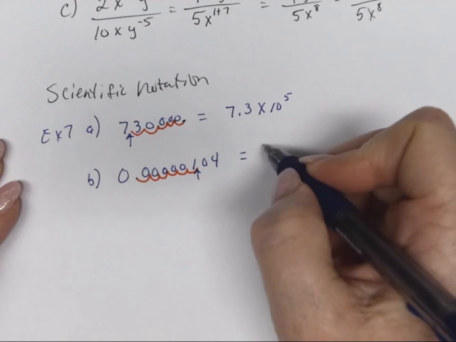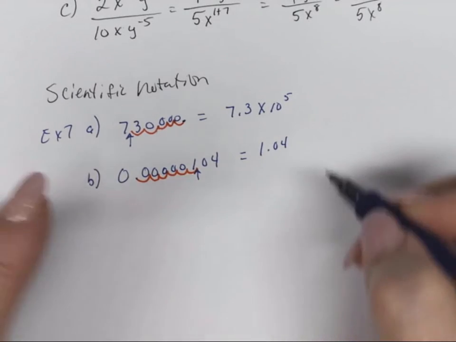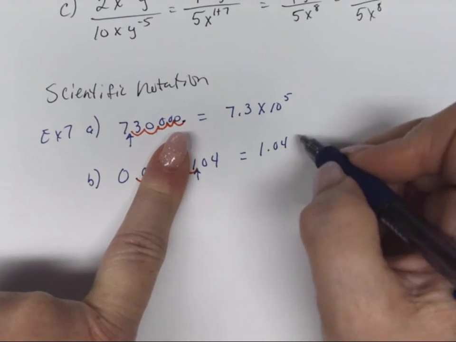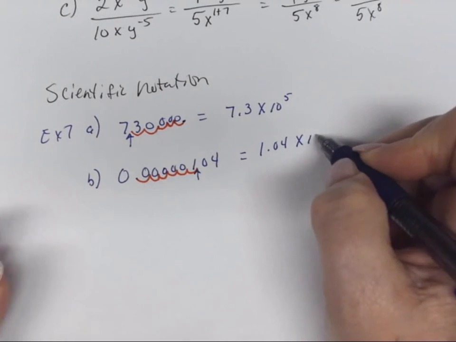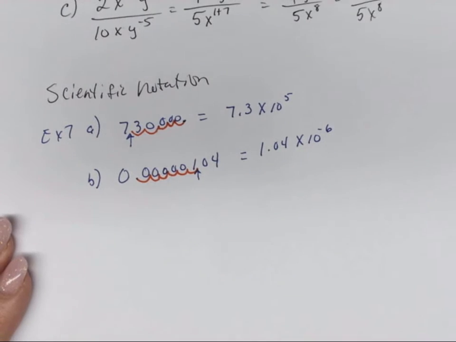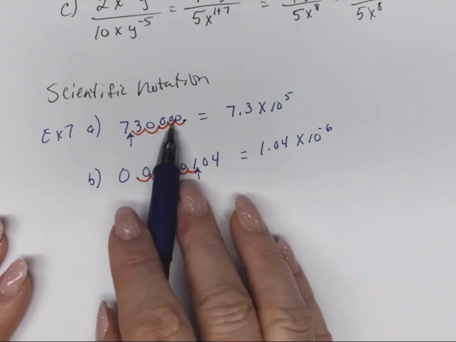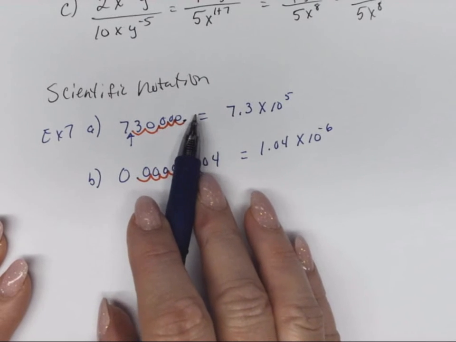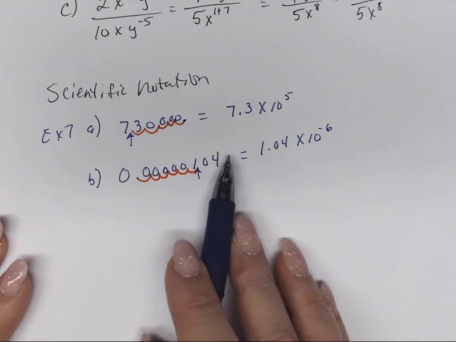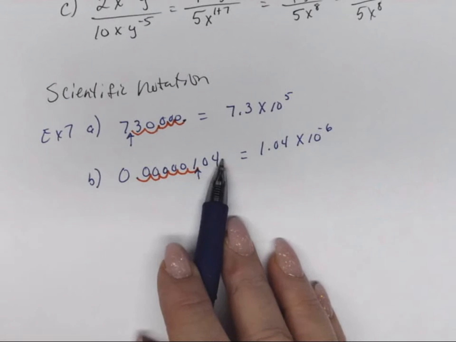That means we'll have 1.04, so we put all those numbers there, times 10 to the negative 6. On the first one, we didn't put all those zeros because there's no number after them. Here we'll put this 0 because there's another number besides 0 after it.